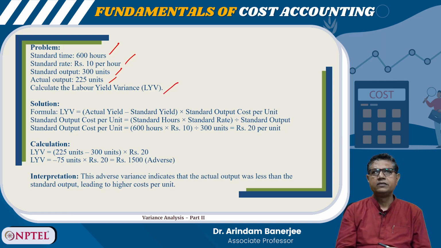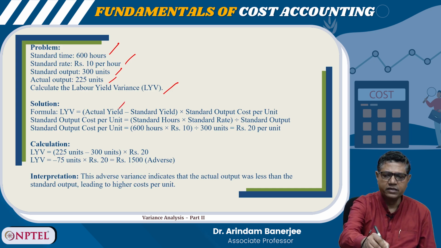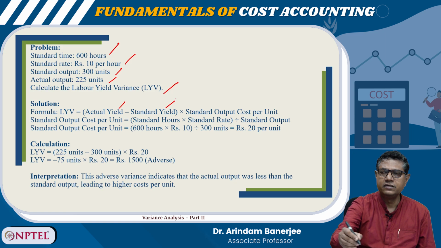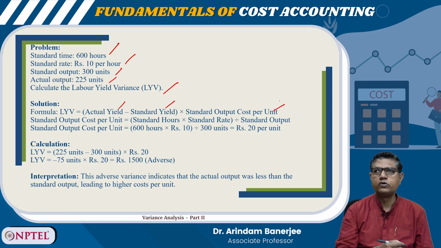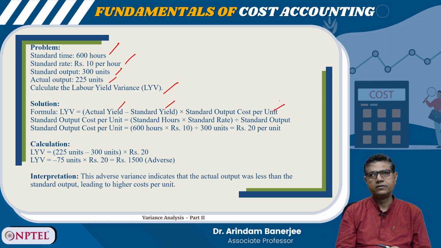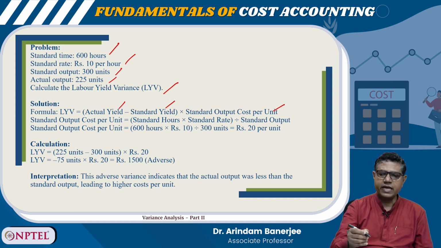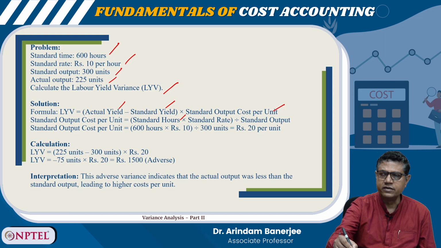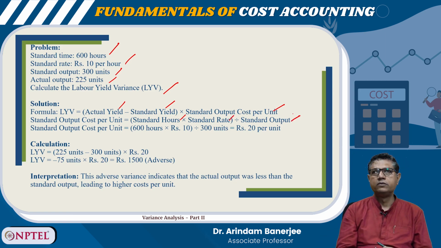So, the formula: labor yield variance is equal to actual yield minus standard yield into standard output cost per unit, right? Standard output cost per unit is equal to standard hours into standard rate divided by standard output. So, what are the standard hours?